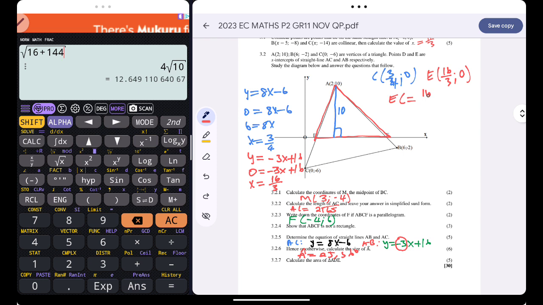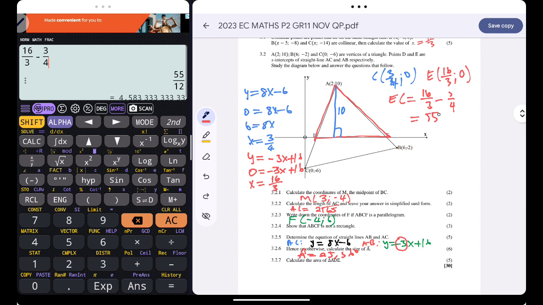I just need to say 16 over 3 minus 3 over 4. I'll get 55 over 12, right?